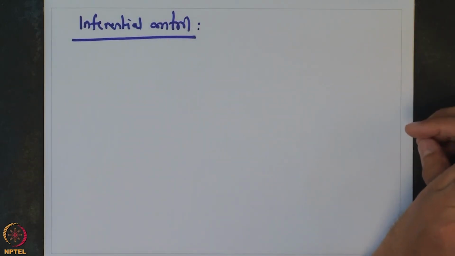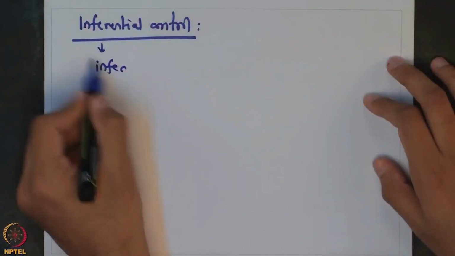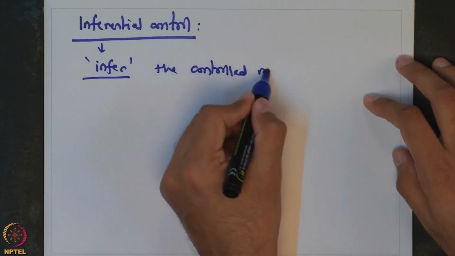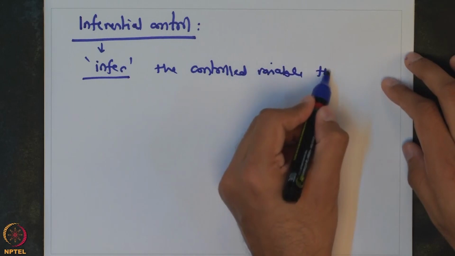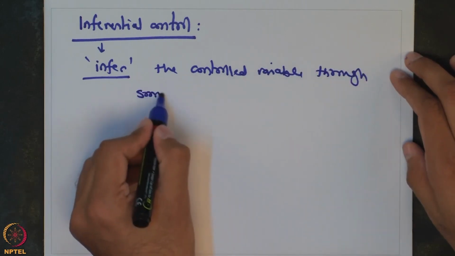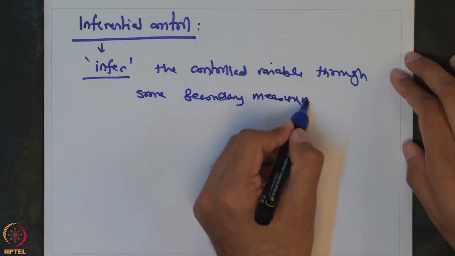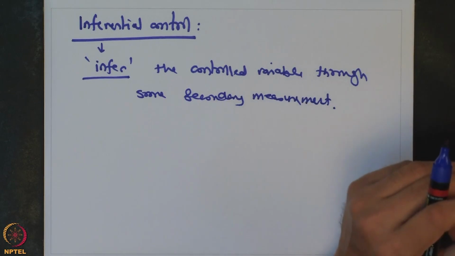Again, as the name suggests, what we are going to do here is infer the controlled variable through some secondary measurement. So let me first give you the motivation for why we go about inferential control, what we mean by inferencing, and what the secondary measurement is.